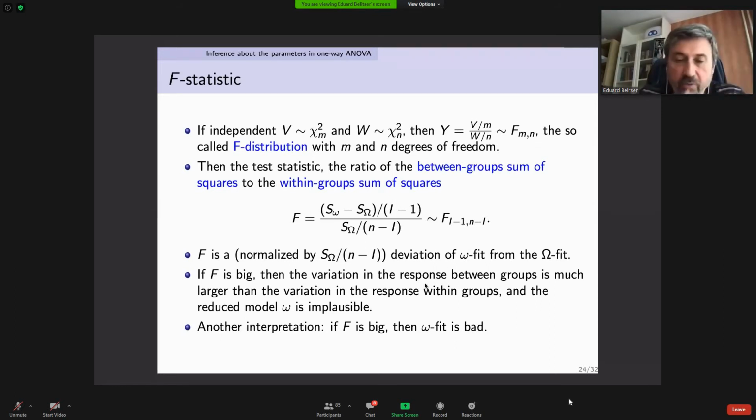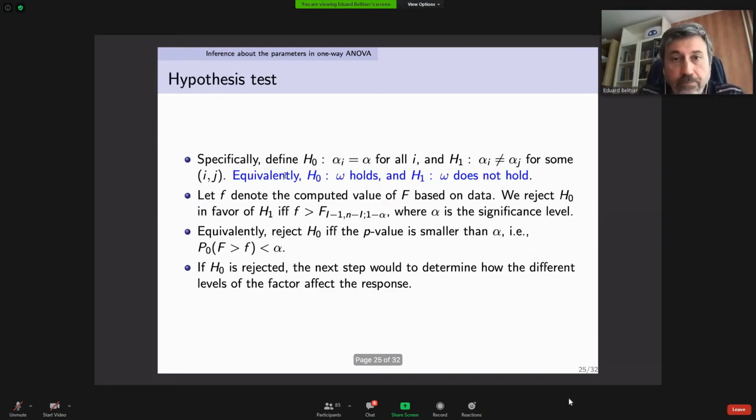Or I prefer this one: omega small fit is just bad. If this statistic is big, that means omega small fit is bad. That means the null hypothesis is not appropriate. Okay, so this is how you do the testing.